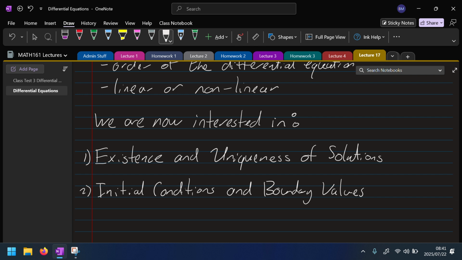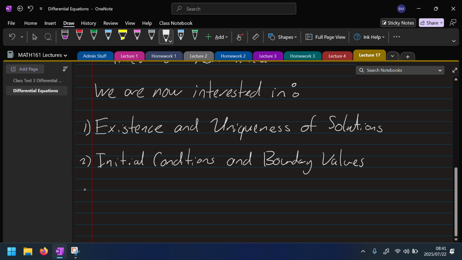You throw a ball up, there's some initial position, there's some initial velocity, and it makes that parabola. So whatever you start the experiment with, that is your initial condition. So initial position, initial velocity, whatever that might be. Boundary values, we'll get into that a bit later on, but you'll see quite a lot of that later for the mechanical engineers.